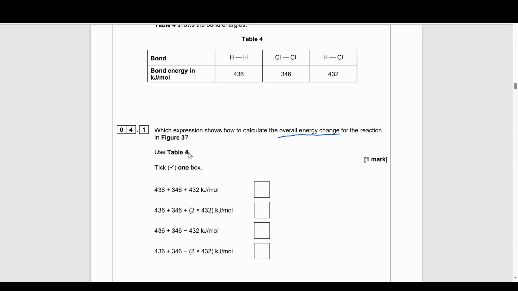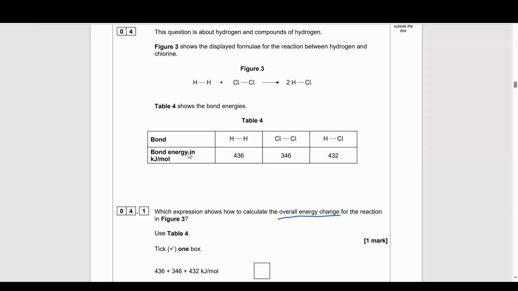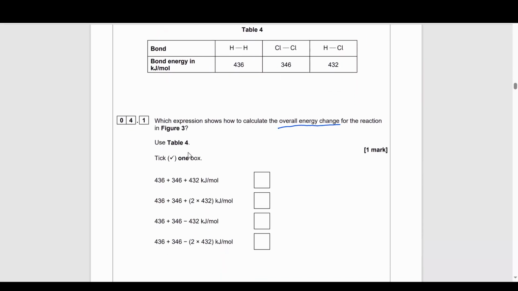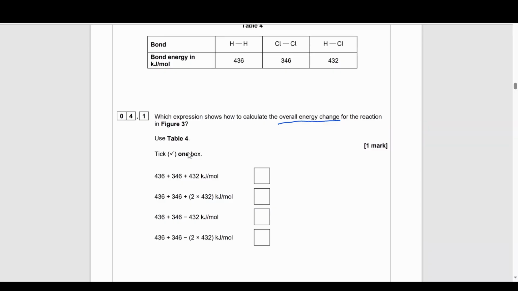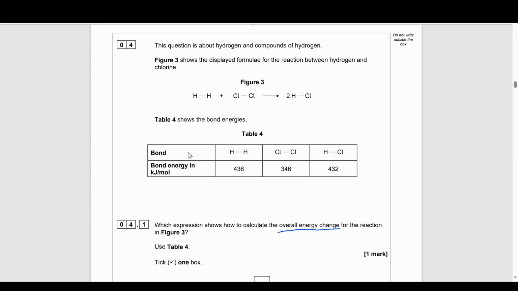So typically we'd actually be asked to calculate the total energy change, but in this question here, they just want to find out what expression it would actually be. So what we can do is use table 4 as they've asked us to figure it out. The first thing we need to remember is, how are you going to find overall energy change?